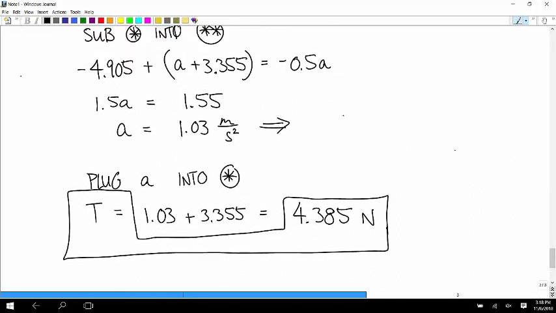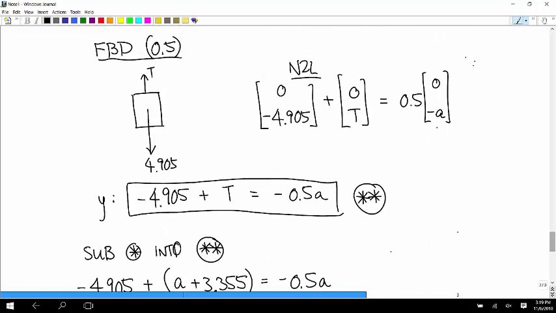So the acceleration of the 1 kilogram is 1.030. Oh yeah, it is. Yep. And if you plug 1.03 into the equation for that one, that's what you get. Yep. It has to be, unless that string stretches or something, but we always assume it doesn't.